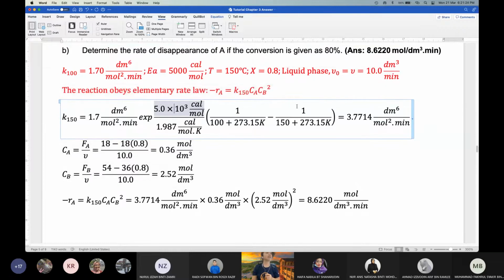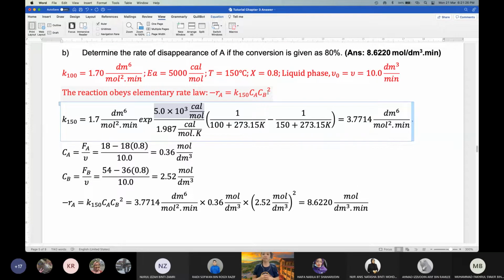Now kita nak cari CA, CB. So CA, CB dalam soalan ni pun sama. They did not give us directly. However, you know you can use the table to find your CA and CB. However, dah berubah sikit.